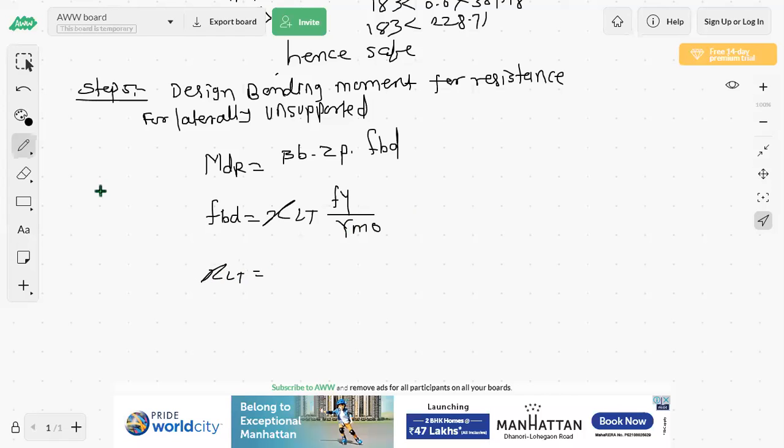Zeta LT is equal to 1 divided by phi LT plus root of phi square LT minus lambda square LT, raised to 0.5.